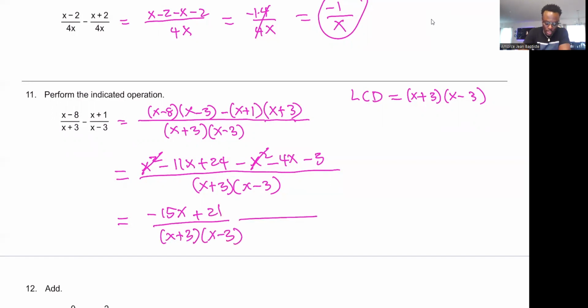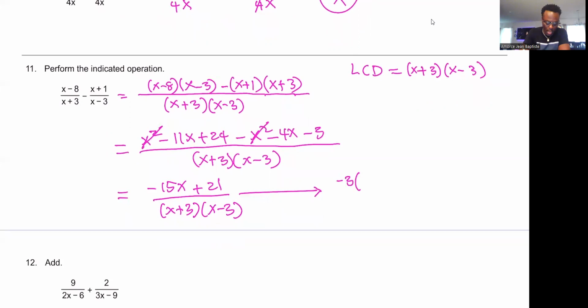I want you to take the habit of factoring if necessary, even though at the end you may not simplify, but factoring will save you in case there is something to simplify and you wouldn't see it if you did not factor. So if there is a common factor, please make sure you factor it in your final answer. In this case, if you give me this, that will be your final answer. But if you factor the negative 3 out and give me this answer, that makes me way happier than if you did not factor it.